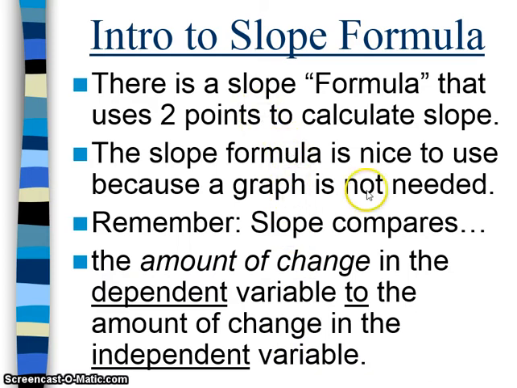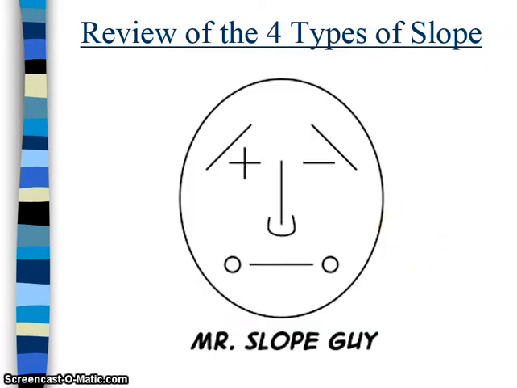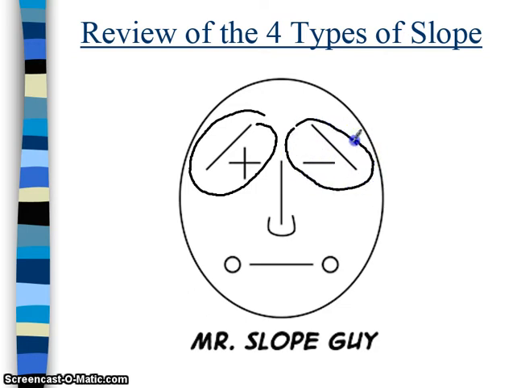Now I want you to meet a man that can help you remember the 4 types of slope that you learned in the last lesson. This is called Mr. Slope Guy. Within this picture, you can find all 4 types of slope. Here at his eye and his eyebrow, a line that goes up is positive, so here's one type. A line that goes down is negative, so there's the second type.